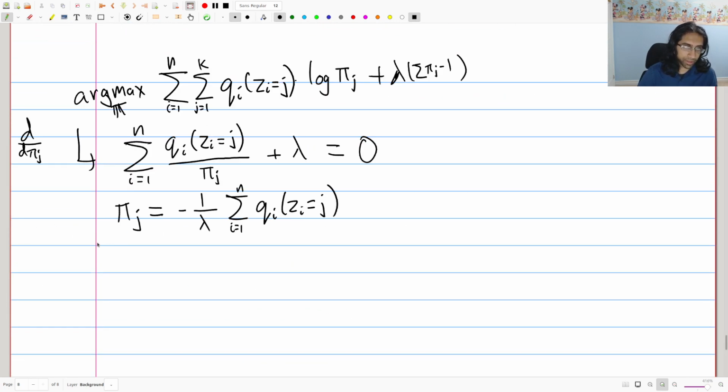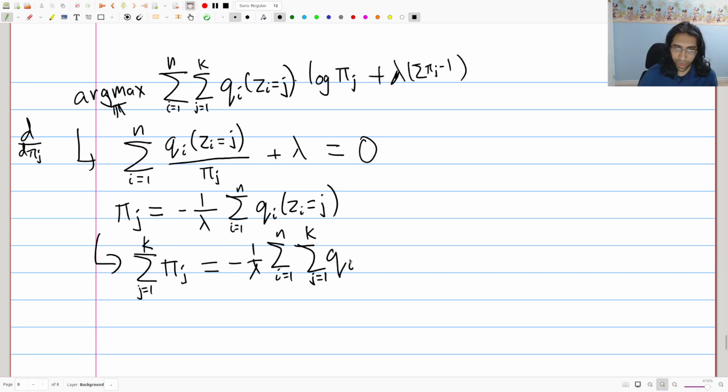So this implies that the summation over j equals 1 to k of pi j is equal to minus 1 over lambda times the summation over i equals 1 to n, summation over j equals 1 through k of qi of zi equals j.